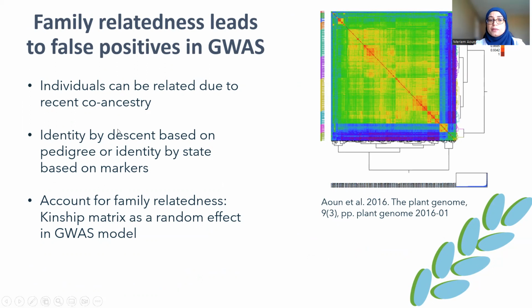If you have pedigree information, then you can calculate an identity by descent matrix. Where you see some red spots in the off diagonal, those are individuals that are highly correlated with each other.